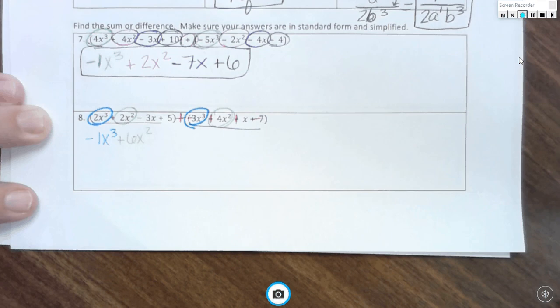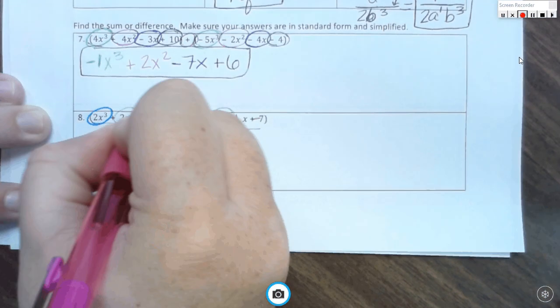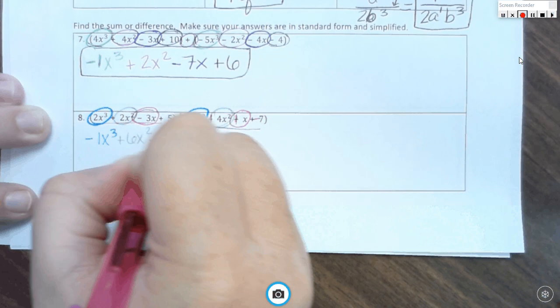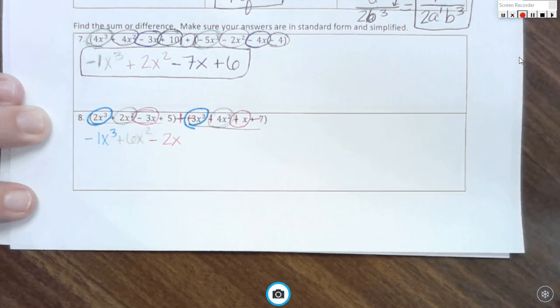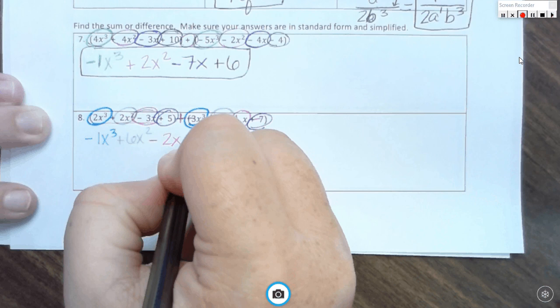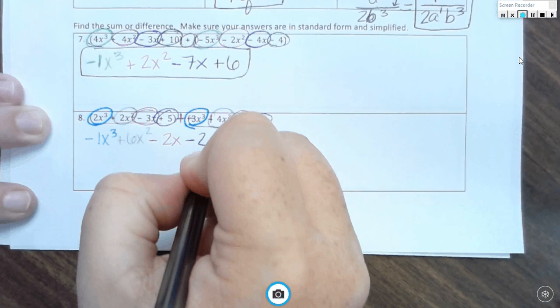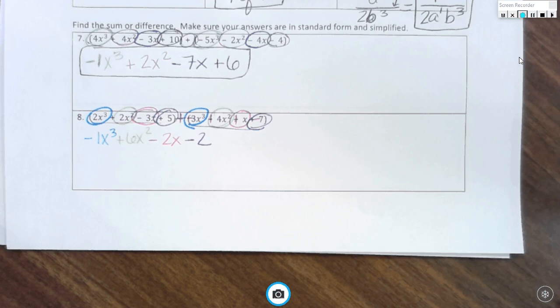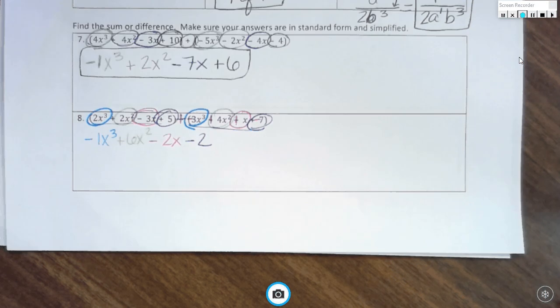I have negative 3x and positive x, which would give me negative 2x. And then finally I have positive 5 and negative 7, which would give me negative 2. Okay, and I'm done. So change it to an addition problem to make it a little easier for you, and then work your way through that way. All right, let's keep moving forward.